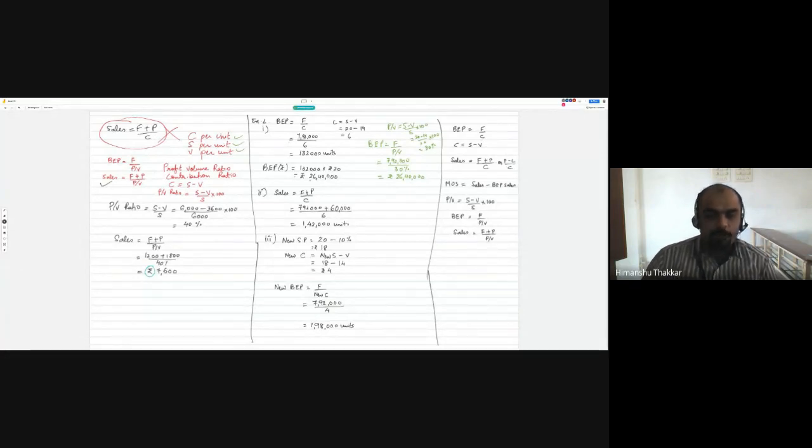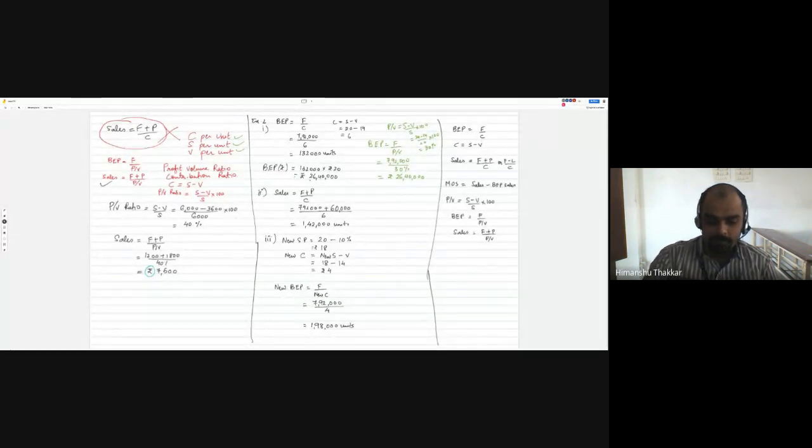Okay, moving on. Fixed overhead 6 lakh. Selling price per unit 400. Now looking at the example, can you use the C formula?